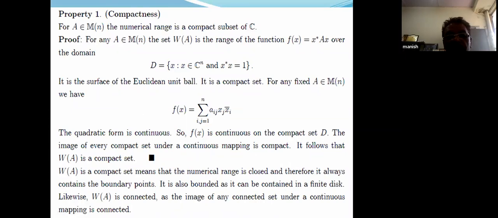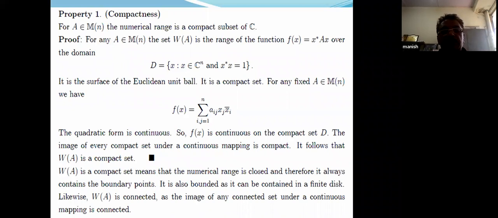By compactness, we have a useful consequence: it always contains its boundary, because it is bounded, one thing, and second, it is closed. So being closed, the numerical range always contains its boundary.